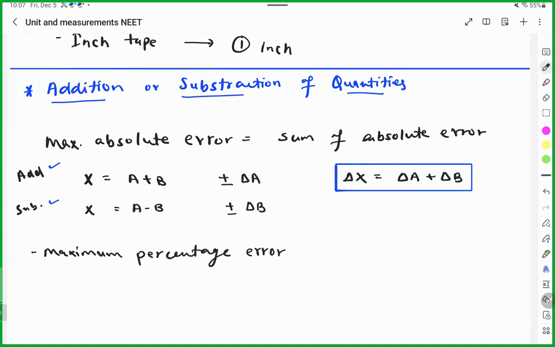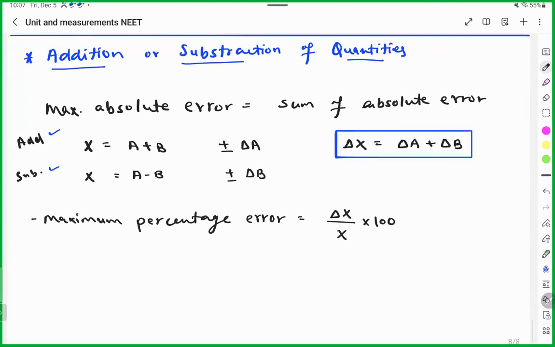So how to calculate relative error? Relative error is the change in x divided by the original value. If you multiply this by 100, you will get the maximum percentage error. Understood? Any doubt?